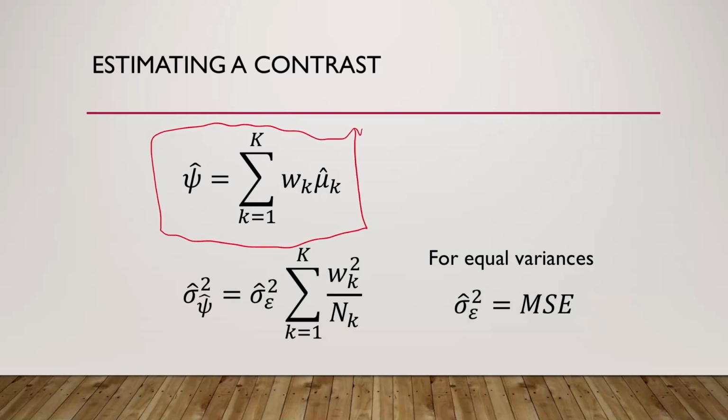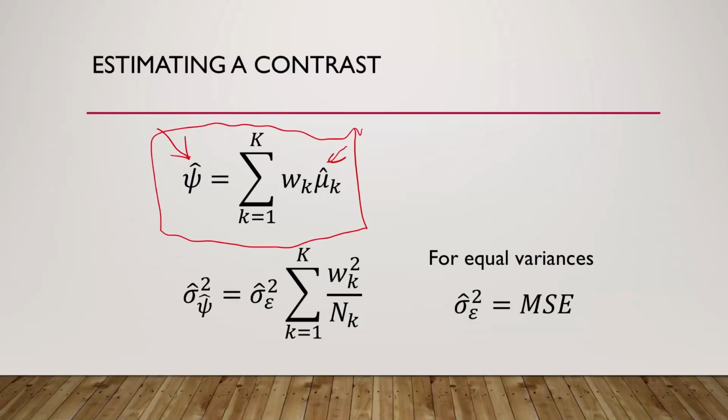You notice that we have a hat on psi, and we use hats over Greek letters to indicate that we are no longer talking about a parameter, but rather an estimate of a parameter. And what makes it an estimate of a parameter? We have a hat here on mu as well.